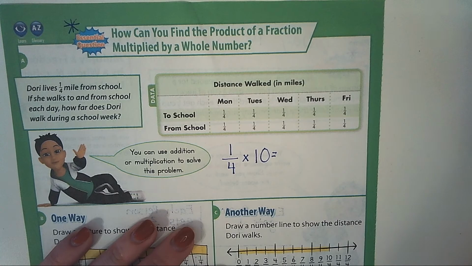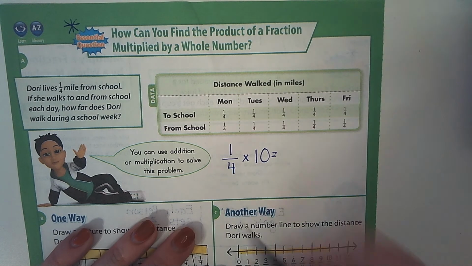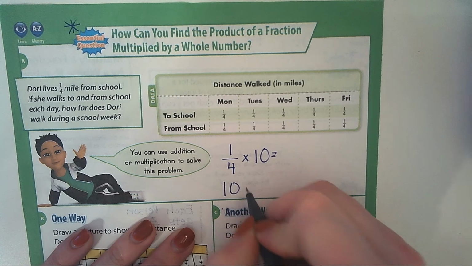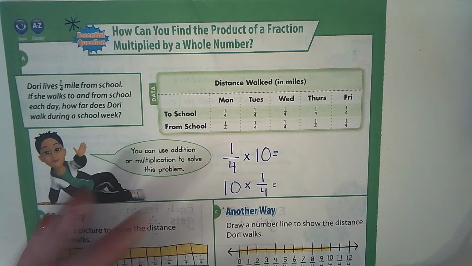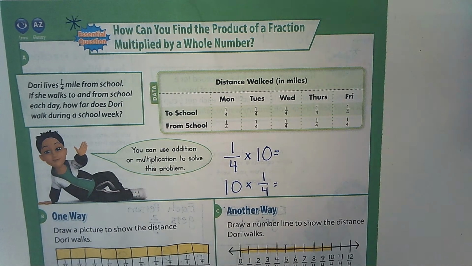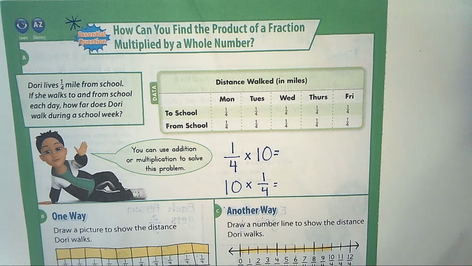And 1/4 times 10 is the same thing as writing 10 times 1/4. The commutative property says that we can switch the order when we multiply, and we're still going to get the same answer. So that is the equation that we'll be solving.